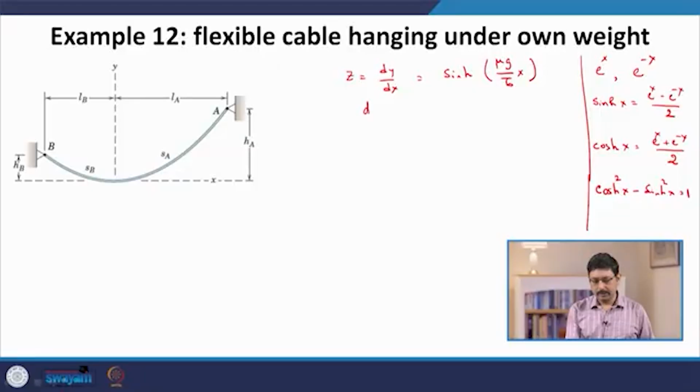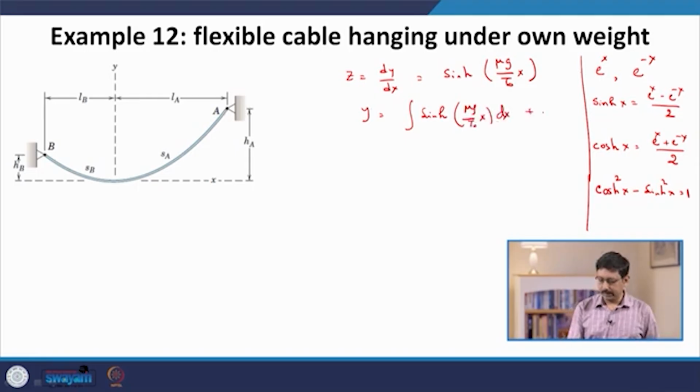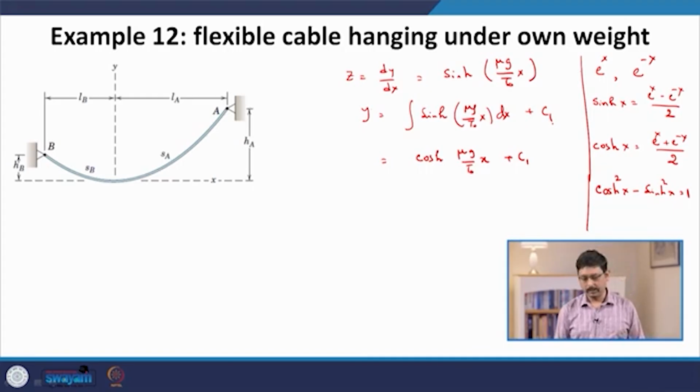Now, if we integrate this further, we are going to use this identity, so y is equal to the integral of sine hyperbolic (mu g by T naught x) dx, which is equal to cos hyperbolic (mu g by T naught x) plus C1, where C1 is another constant of integration.